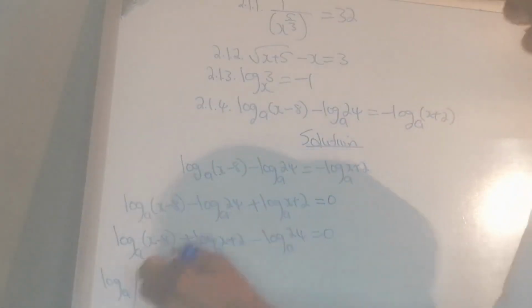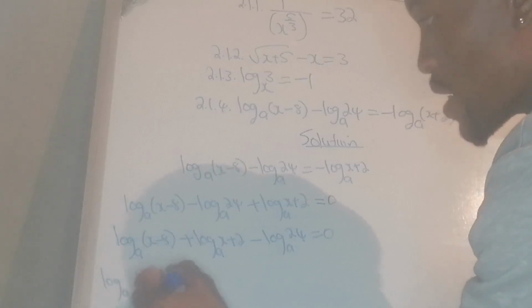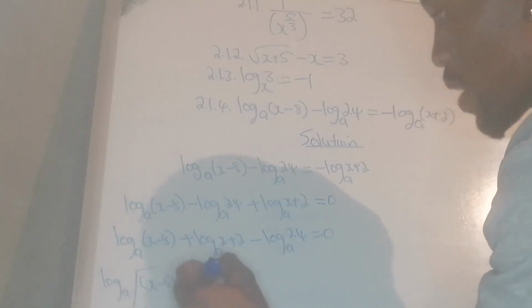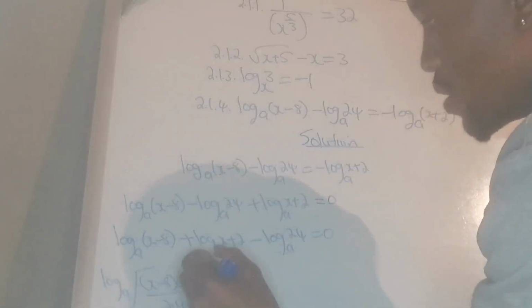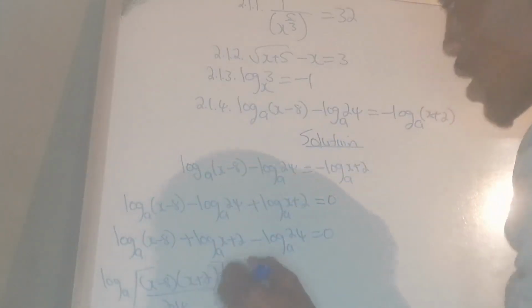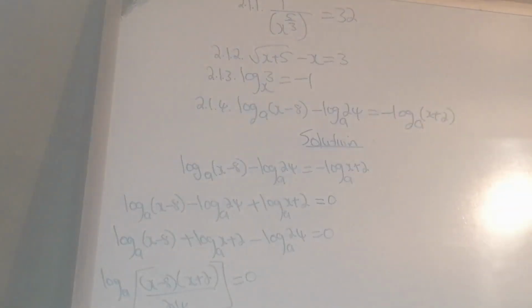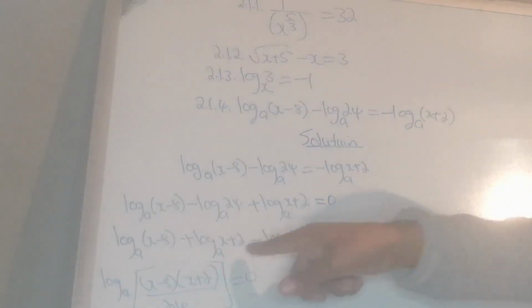When I add, I multiply x minus 8 and x plus 2. When I subtract, I divide by 24. This equals 0, because they all contain log a.